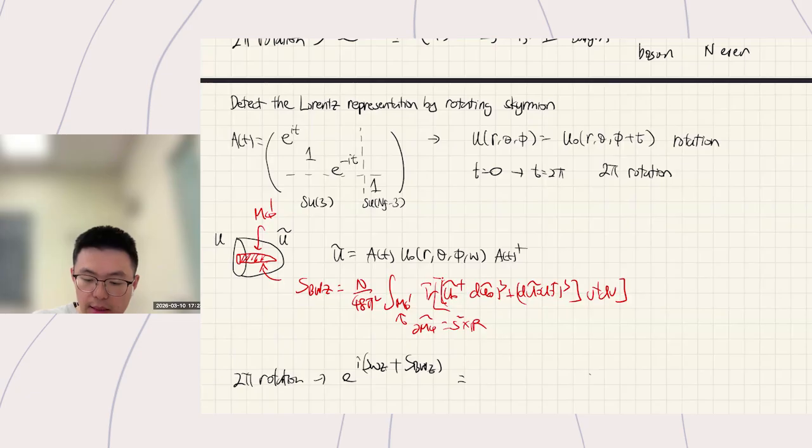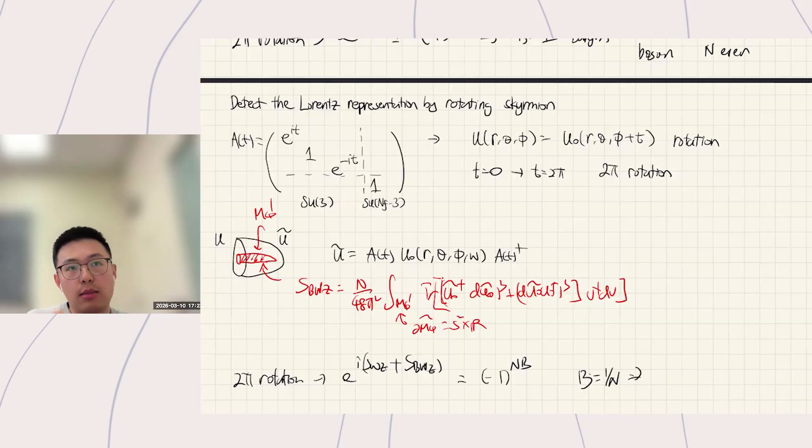And this phase is nothing but, again, -1 to the n times b. But now this is important because only if b is an integer multiple of 1 over n, we can get -1 or +1. Otherwise, we don't get a well-defined phase, we just get some arbitrary phase, okay?